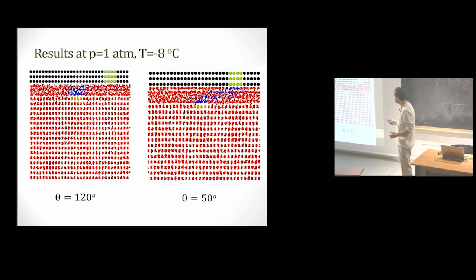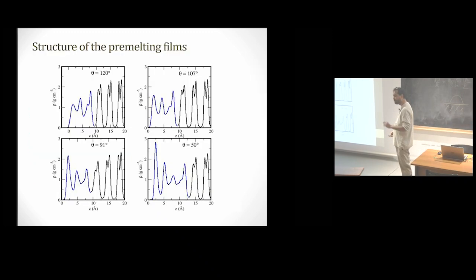Okay, so in order to try to understand why there is this shift in the hydrodynamic boundary conditions, I am now plotting density profiles. What I am plotting here is the density of water molecules as a function of the distance away from the substrate. And these density profiles have two regions.